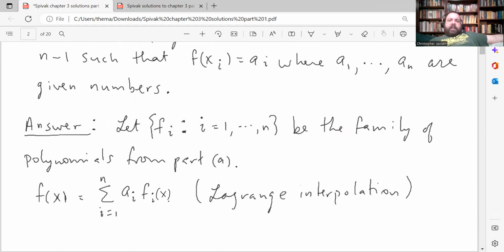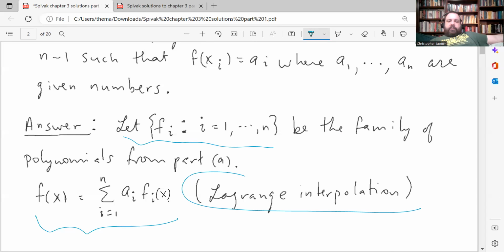Again, if we have that family of polynomial functions that we defined in part A, we define the function f of x to be f of x equals this. So you just take the sum of the ai's times the fi's evaluated at x, and that gives you exactly what you need. So that's called the Lagrange interpolation.